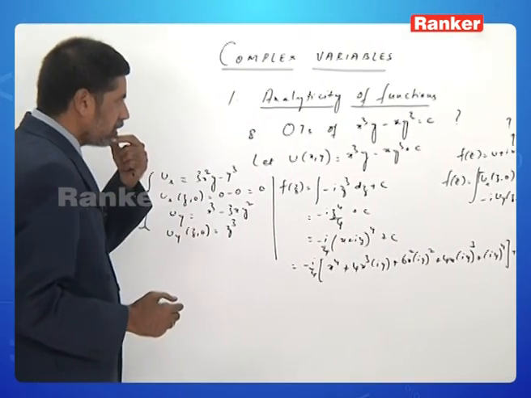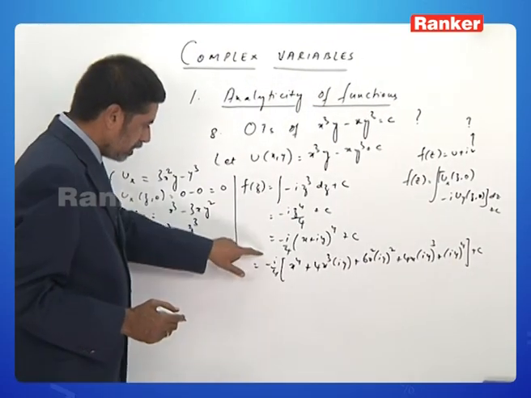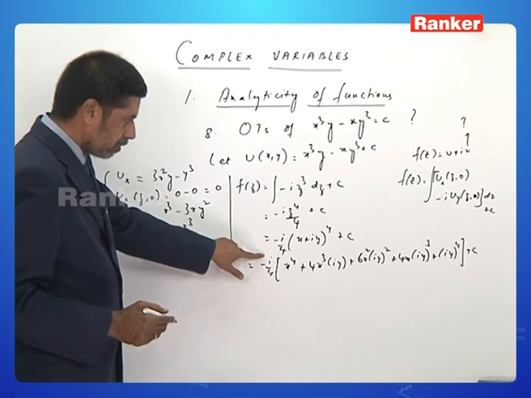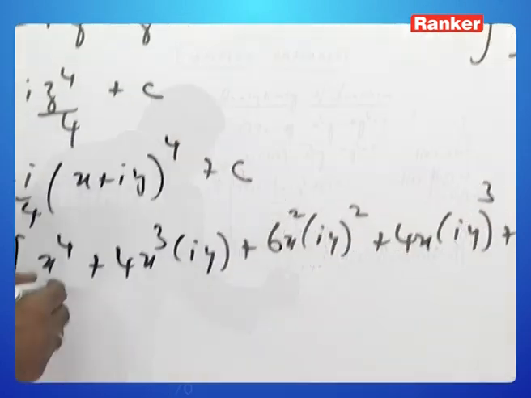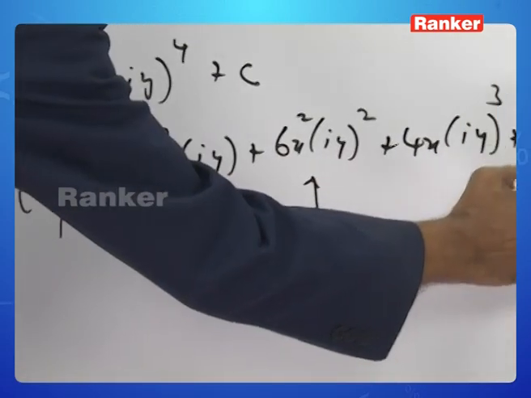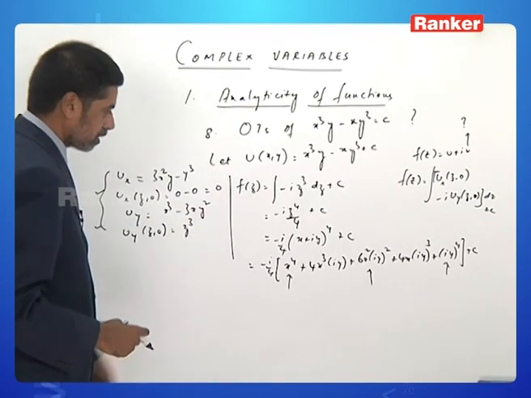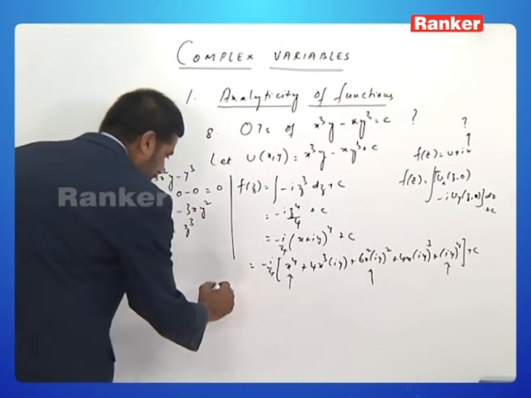Now what we are looking for is the imaginary part. Already minus i is here, therefore we must select these terms. If you select these terms, because they come along with i, they will constitute the v part. So let us see what is v of x y.